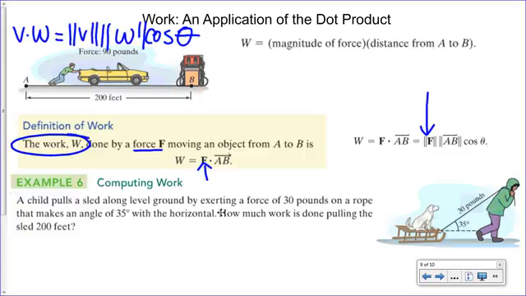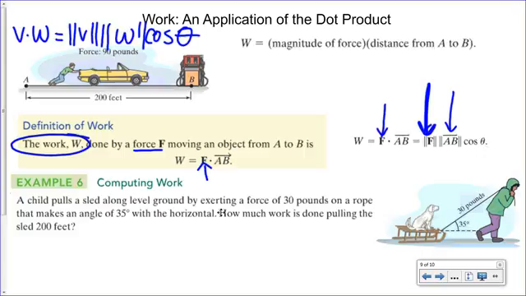And here the F is bolded, so it's representing the vector. And then in this case right here, it is not bolded, but it does have the magnitude symbol. And then the one that we see here is the magnitude of the force that is moving, in this case, the sled from point A to point B.